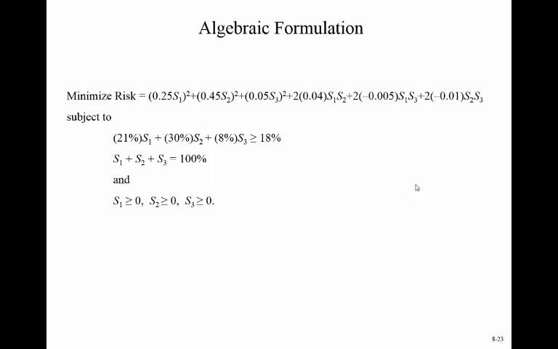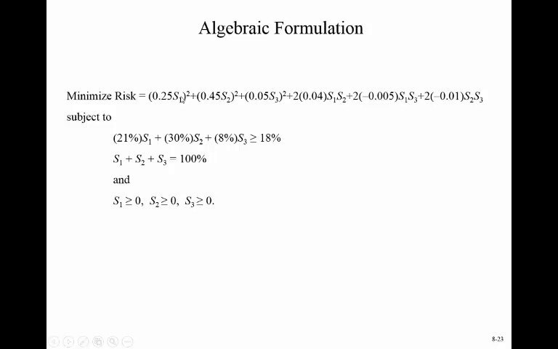So the algebraic formulation is, and I'll just highlight this a bit, the risk is measured by adding the variances of all the components of variation. The first three expressions in the objective function are the variances associated with the individual securities 1, 2, and 3.